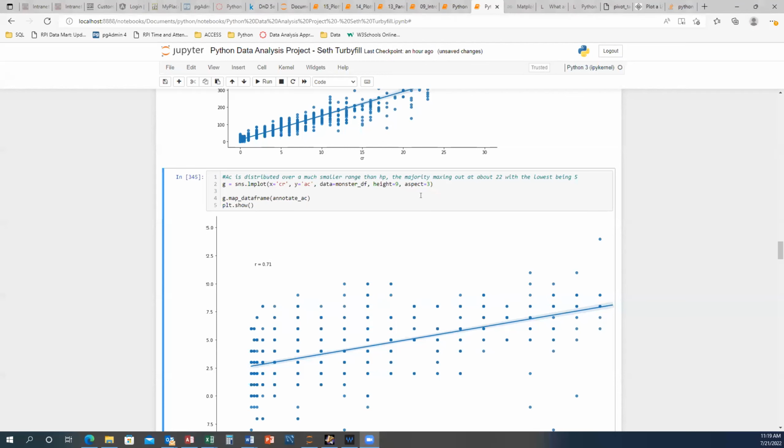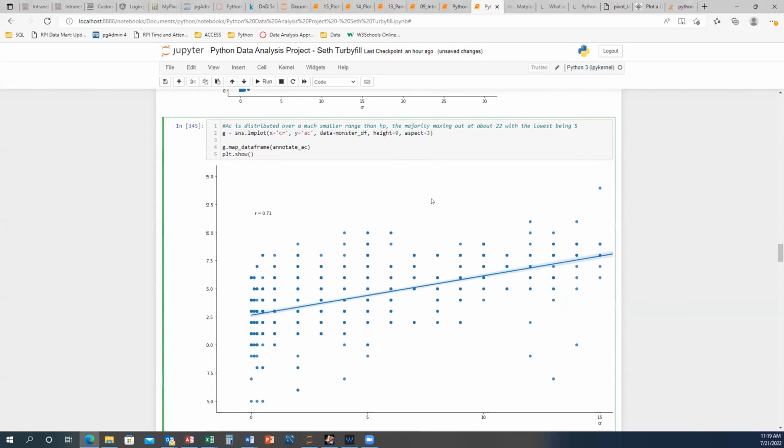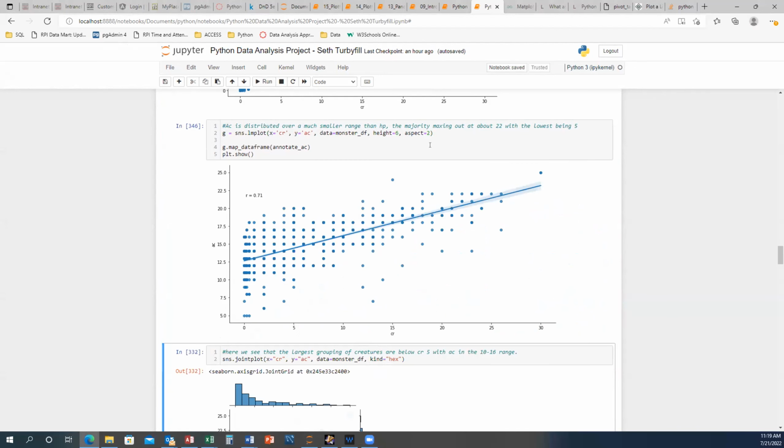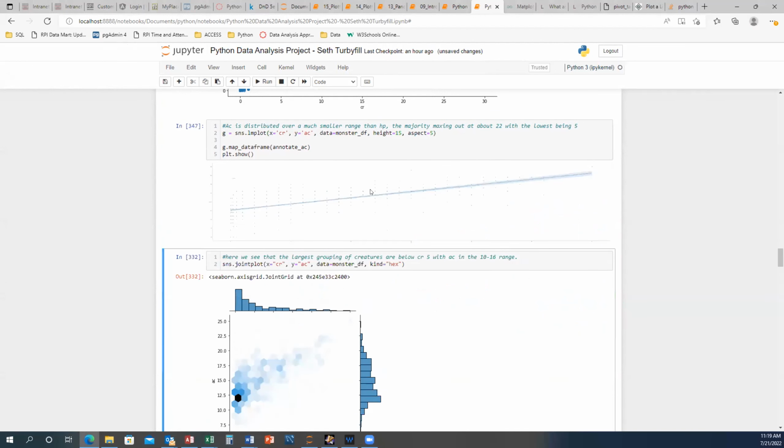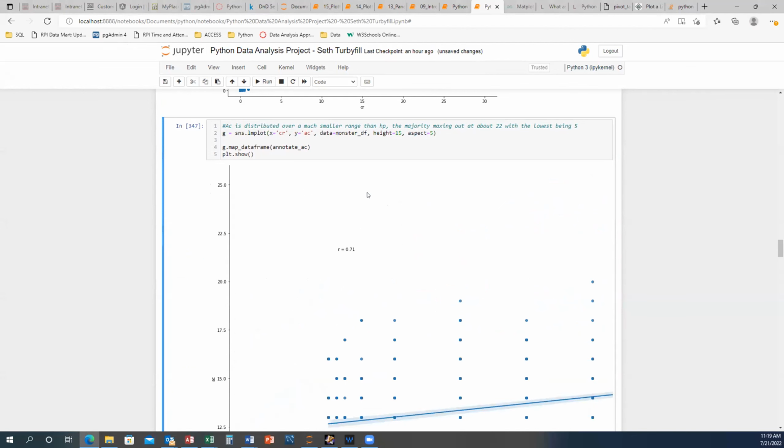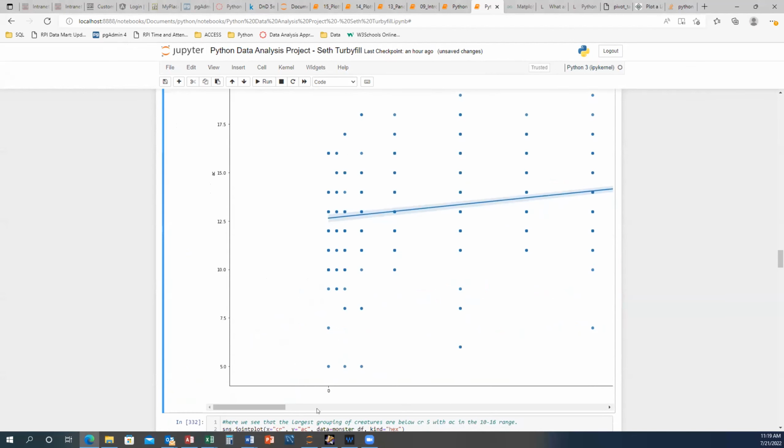So you're talking about the size of the actual graph, not the scale. Oh, sure.